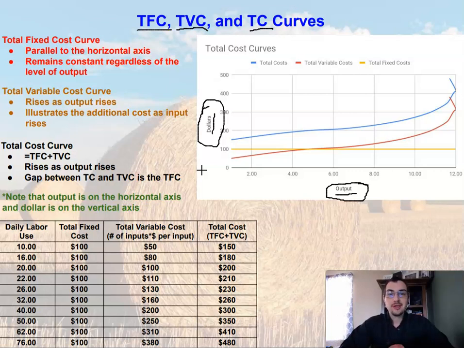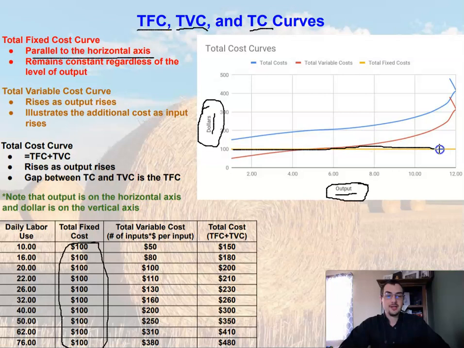If you remember from the last video, the total fixed costs do not change. They're going to remain constant, and in our example, they remain constant at $100. So whenever we're drawing this total fixed cost curve, it's just going to be parallel to the horizontal axis. It's this orange line right here at $100 and is perfectly parallel as you move across.